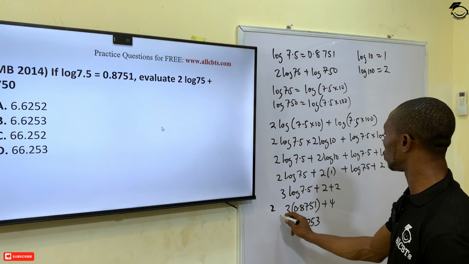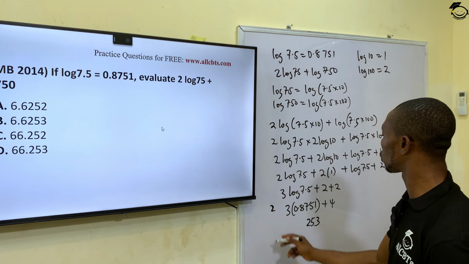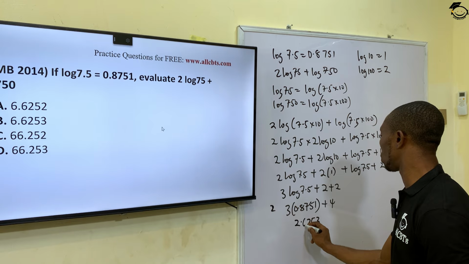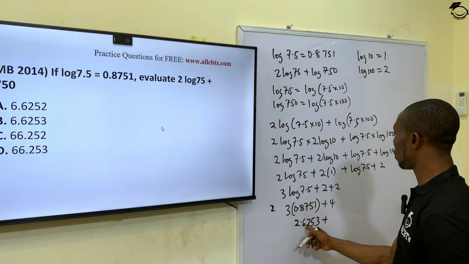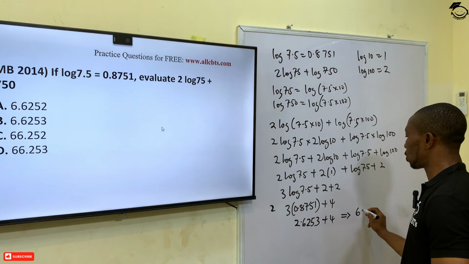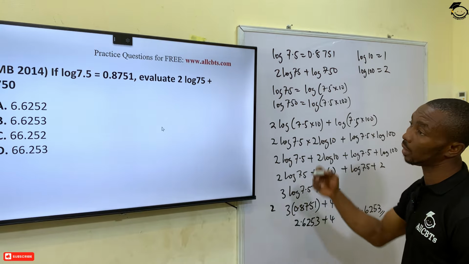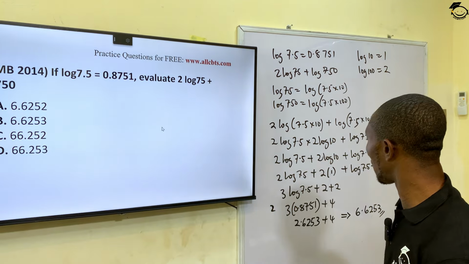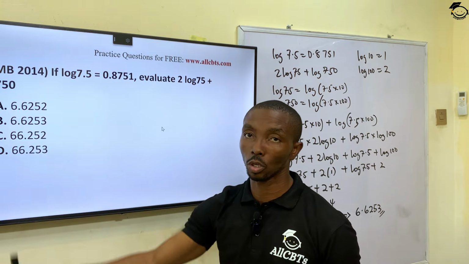All right, carry 2. 3 times 8 would give us 24 plus 2, 26. So this becomes 2.6253 plus 4, which gives us 6.6253. So evaluating that leaves us with an answer of 6.6253, which is our option B.